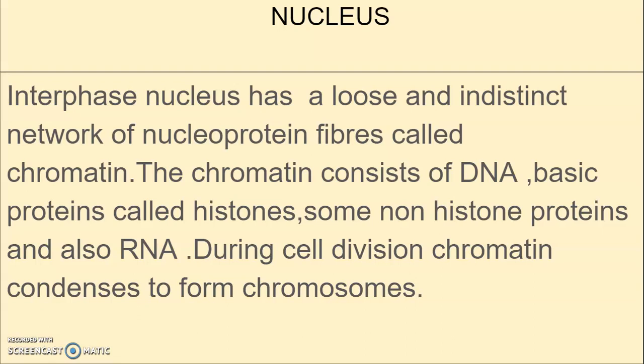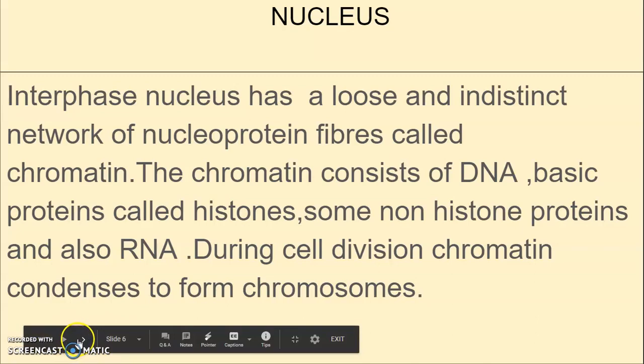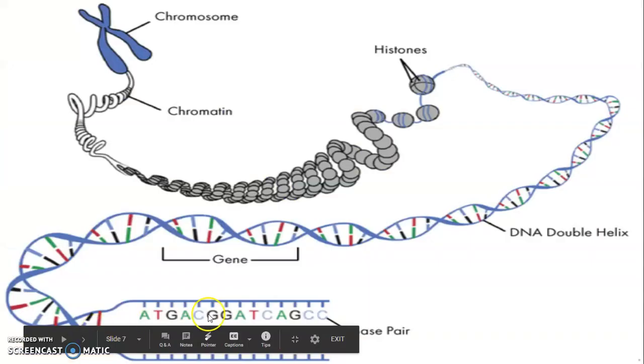Now, at the time of cell division, these chromatin threads undergo condensation and form the structures called chromosomes. Here in the picture we can see, children, this part which is written as A, T, G, C and all, it is DNA. The structure of DNA we will be learning in another chapter.